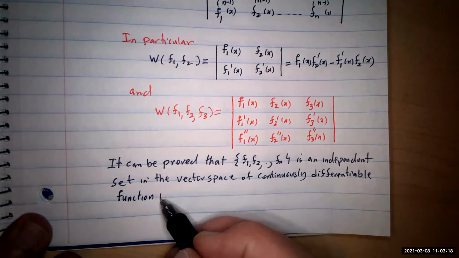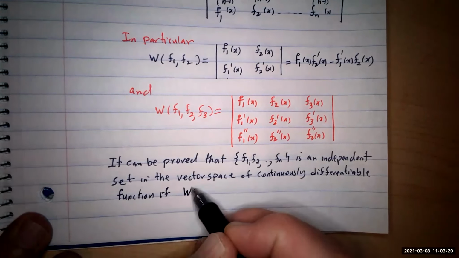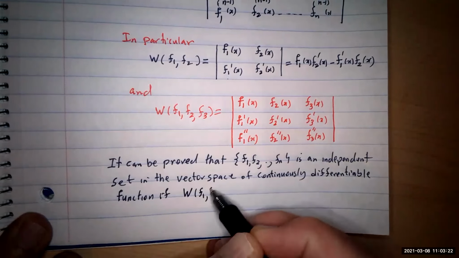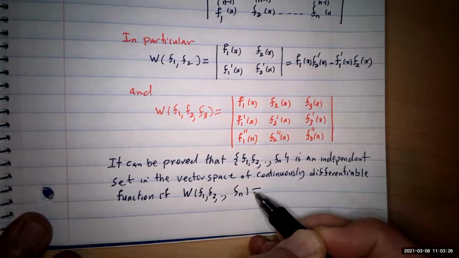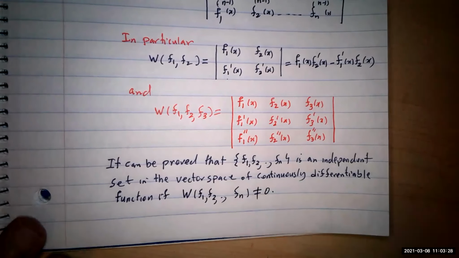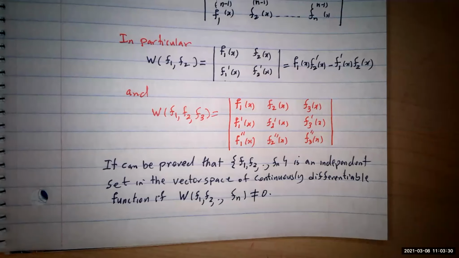Okay, if the Wronskian of f1, f2 up to fn is not equal to 0. As I told you, if you write it down yourself, c1 f1 + c2 f2 + ... + cn fn, you differentiate it, the first derivative, the second derivative, that gives you a matrix equation.